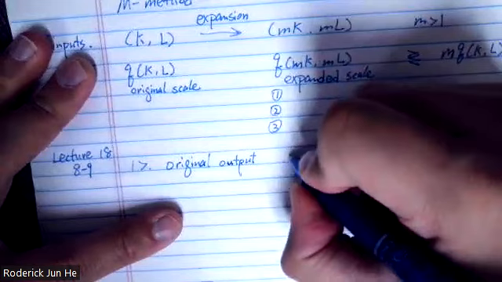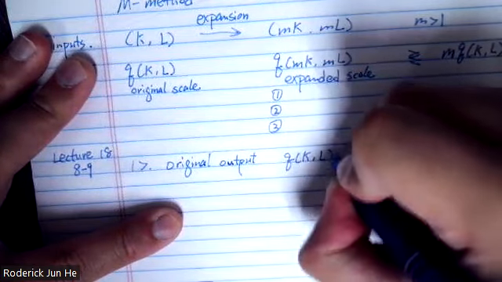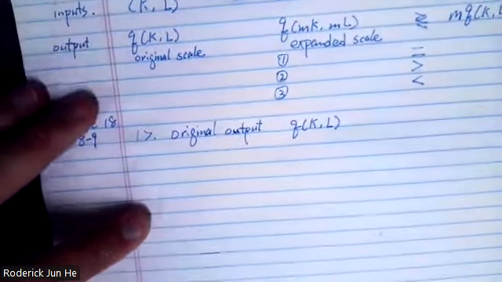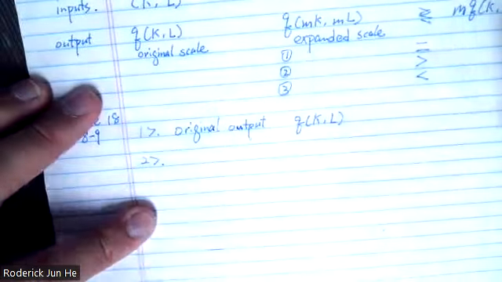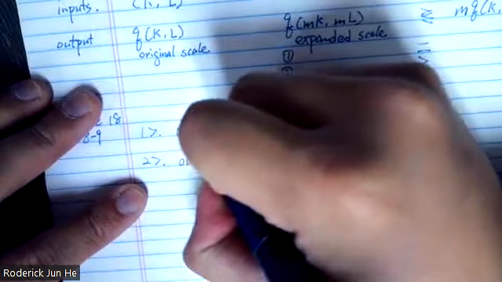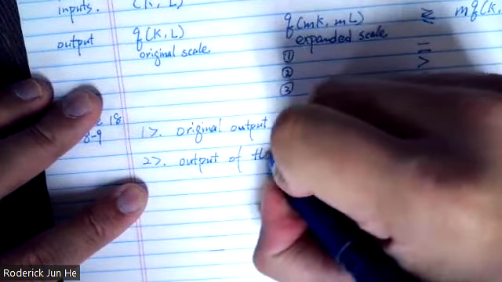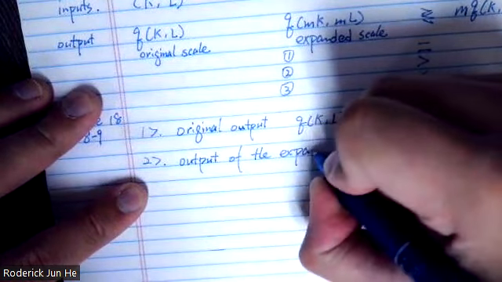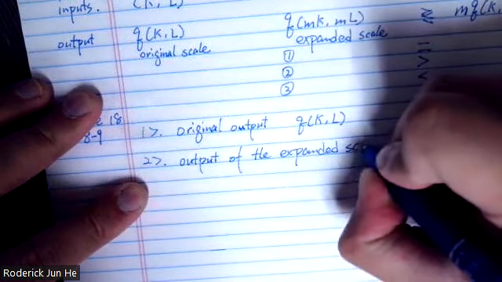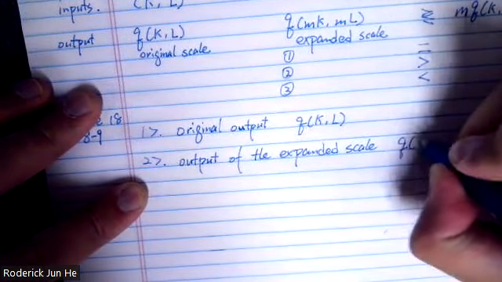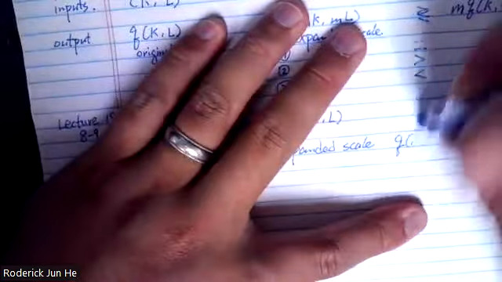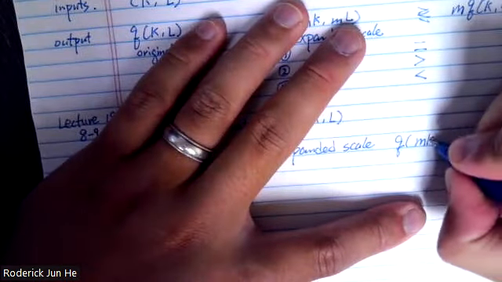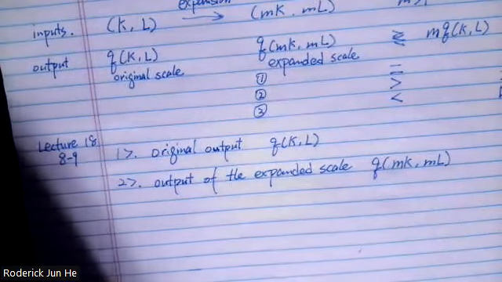So that is Q as a function of K and L, right? Then we're looking at the output of the expanded scale, which is Q as a function of MK, ML. So that's how much you can output as one big firm.